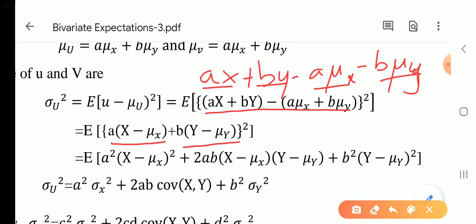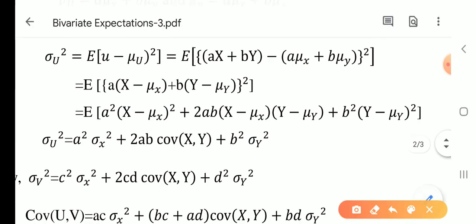Let us apply the (a plus b) whole square form and expand it: a square into (x minus mu x) whole square plus 2ab into (x minus mu x) into (y minus mu y) plus b square into (y minus mu y) whole square.